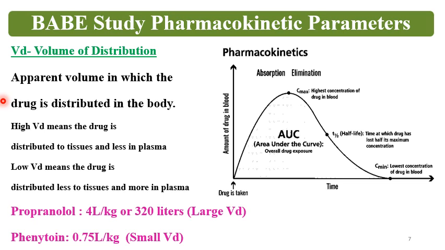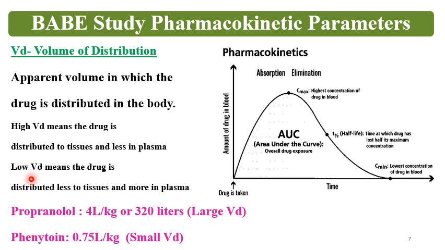So high VD means the drug is distributed in the tissues and is less available in the plasma, while low VD means the drug is distributed less to the tissues and more in the plasma. So volume of distribution is somewhat a reverse type of definition. If the drug is available more in the plasma, then it has a small VD.